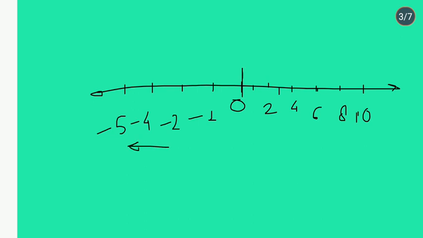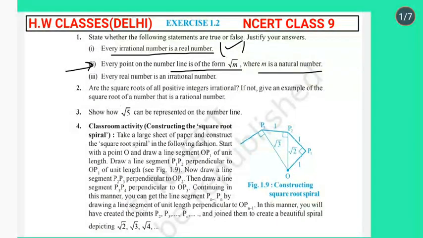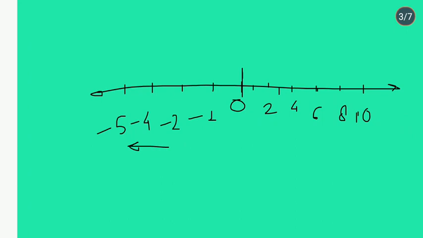So the statement was every point on the number line is of the form root m, where m is a natural number. So you can say that this statement is wrong, because of a negative number, this minus 4. No negative number can be the square root of any natural number.